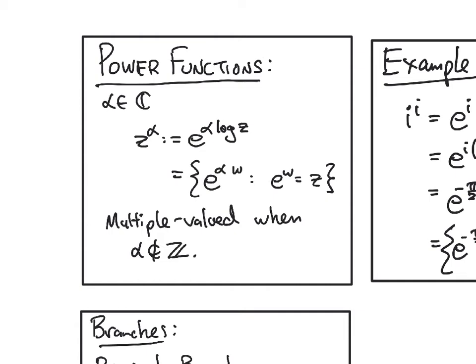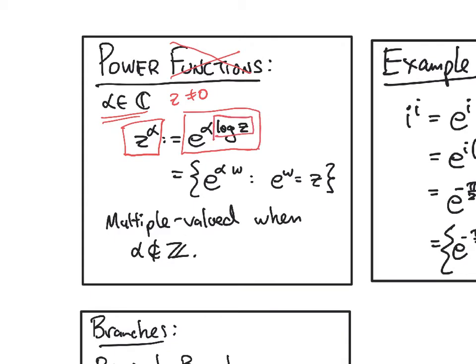Okay, so the power functions here are, I guess function is maybe the wrong word, but just power maps or something. We can define for any alpha in the complex numbers and for z non-zero, z to the alpha to be the formula that's familiar from real numbers, e to the alpha log z, where we use lowercase log.